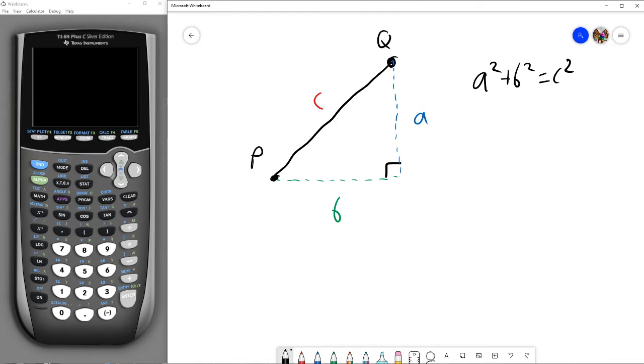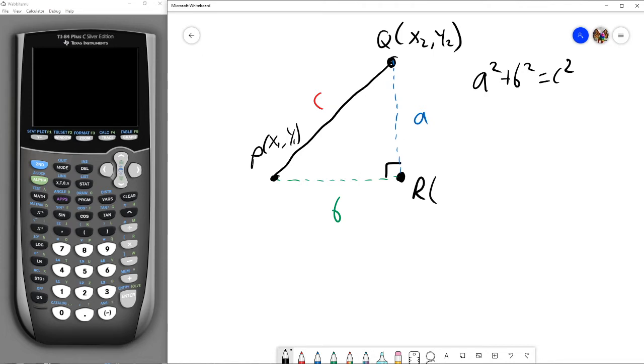So let's go ahead and put some coordinates on here. I'm going to say that P is at the value x1, y1, and Q is at x2, y2. Now, when we think about this point over here, we'll call it, how about R? Why not? Just give it some name.